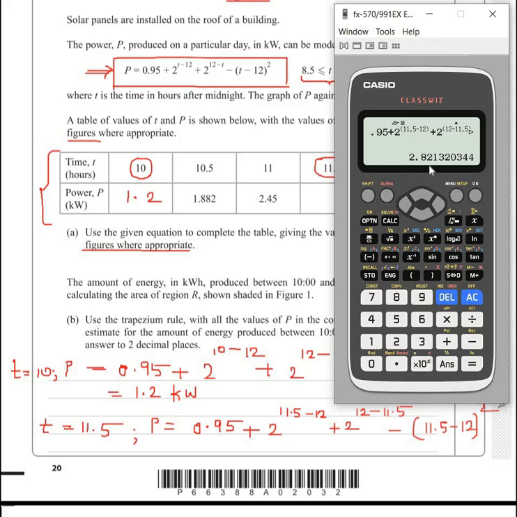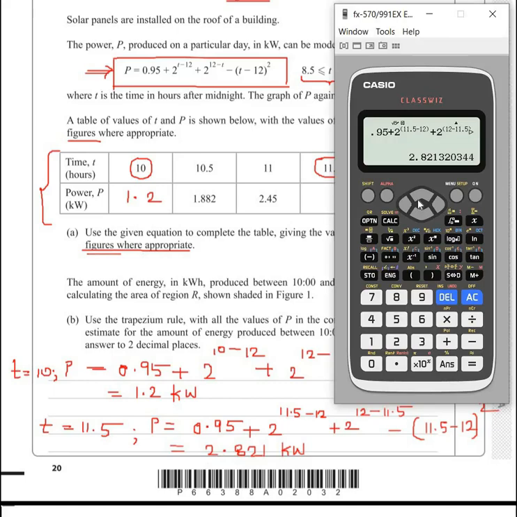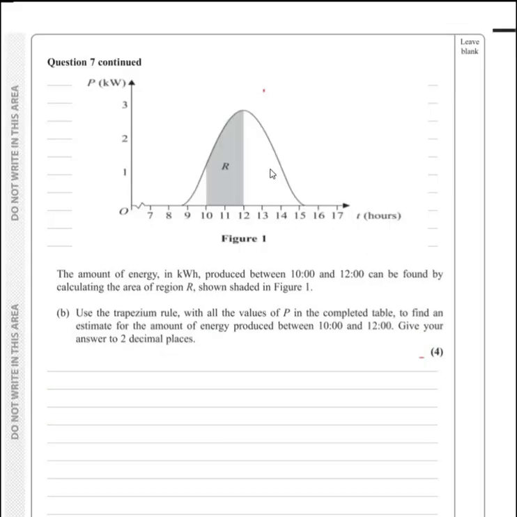We get 2.821 kilowatts. Remember, they have asked us to write 4 significant figures, so we have to take 4 significant figures over here. So we write it here as 2.821. Let us now continue with the B part of question 7.